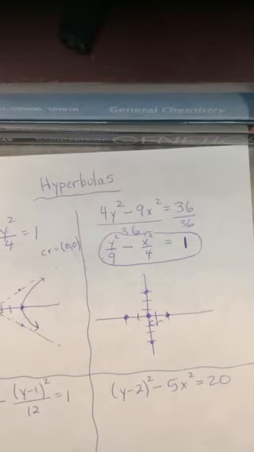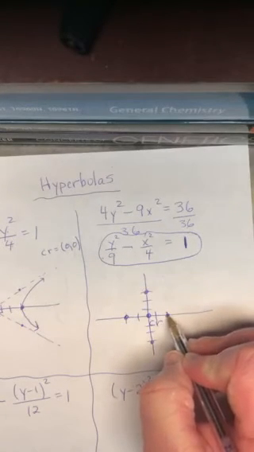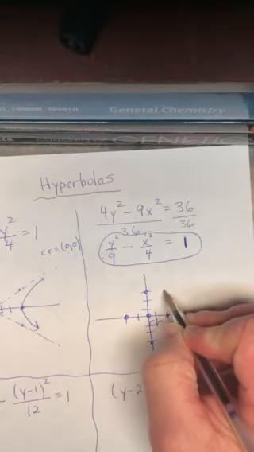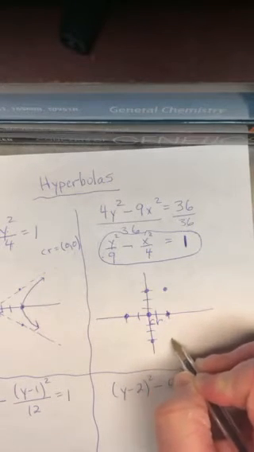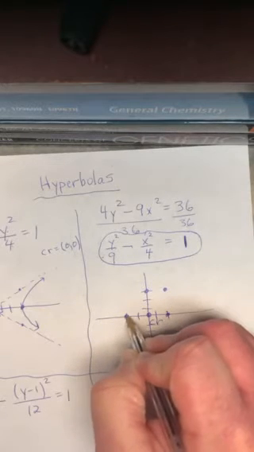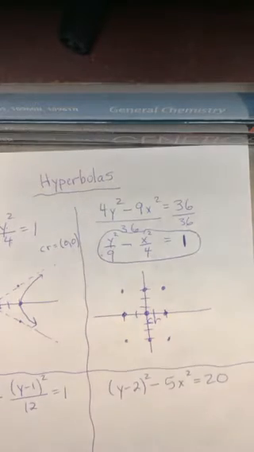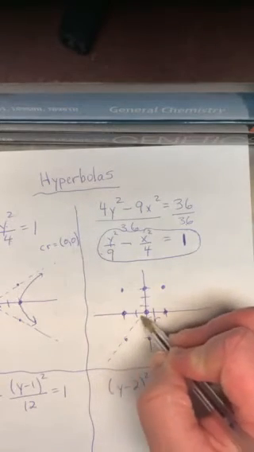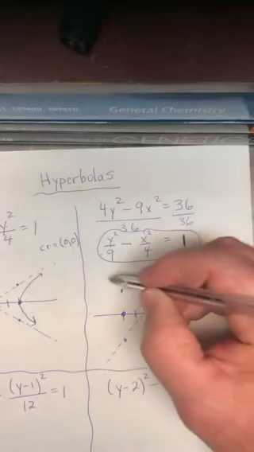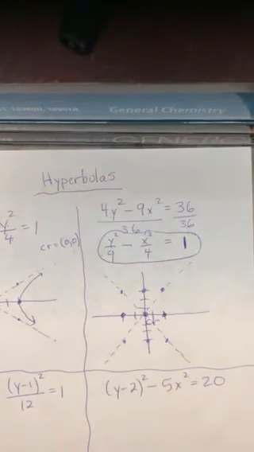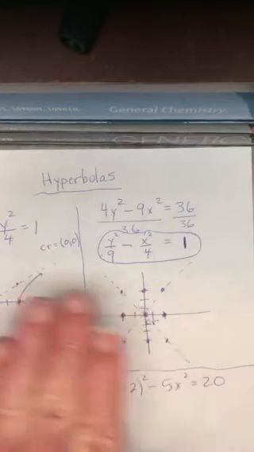Today, it's a hyperbola. So, just like I taught you on the last one, put your pen on that dot, go up and make a corner, go down and make a corner, put your pen on this dot, go up and make a corner, go down and make a corner. And now I can draw a diagonal going through those two corners and a diagonal going through those. And then, okay, freeze. When you go to draw your picture, look at the problem. Which letter is first?